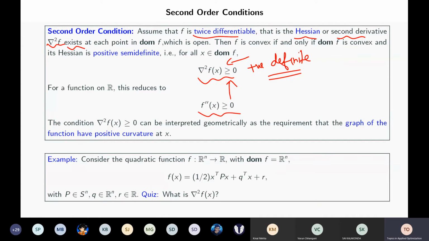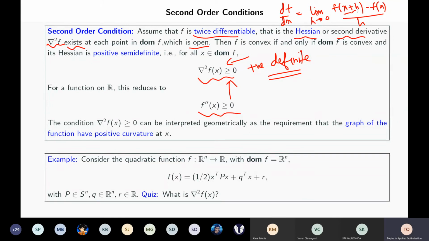We studied open sets and convex sets, and these are needed here because differentiability is defined on an open set only. If you recall, df by dx is defined using the limit as h tends to 0 of (f of x plus h minus f of x) by h. This is how we define the derivative.